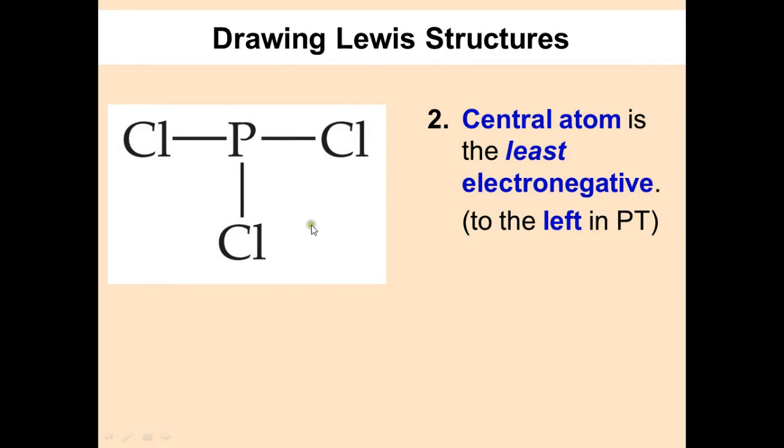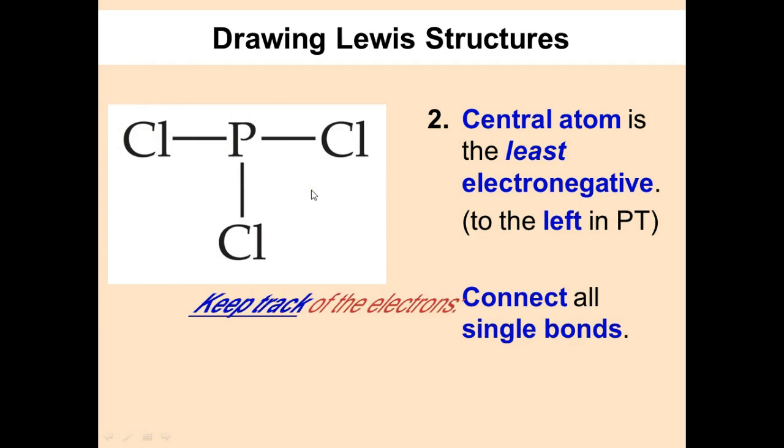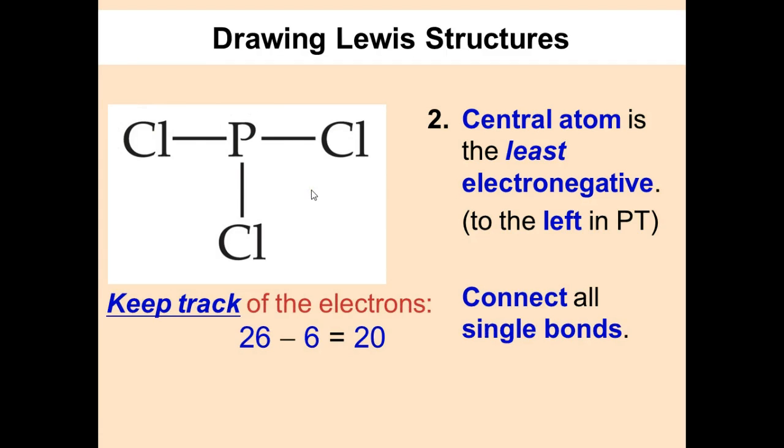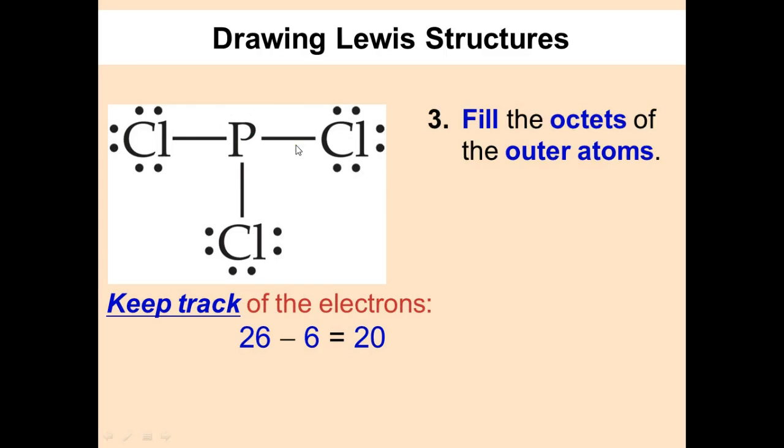Then we put the least electronegative in the middle. Then we connect them all. And as we do this, we have to keep track of the electrons. So we used up 6, 2 from each. Then we fill outer octets first. So we take all these remaining electrons and fill up the outer octets.